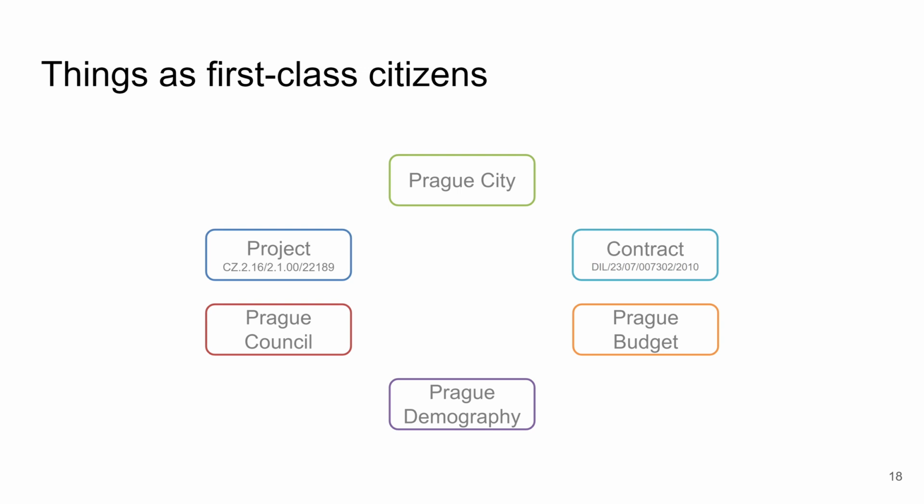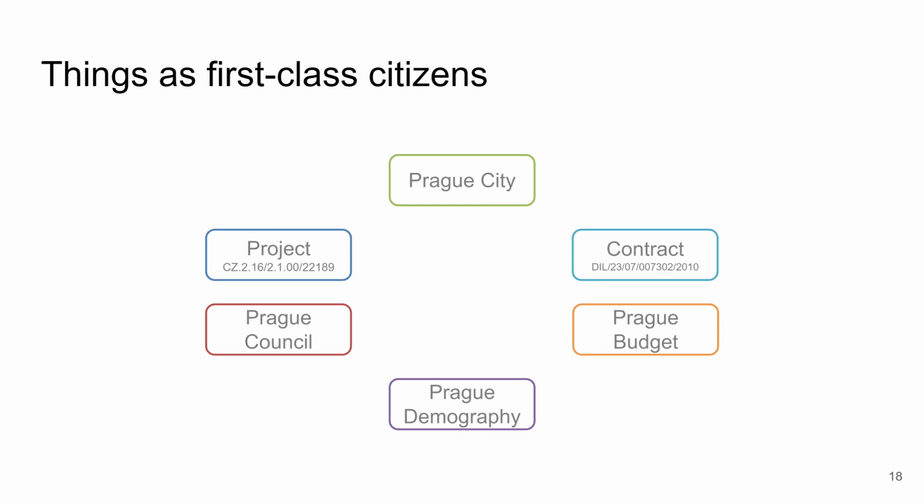Okay, so let's take a look at what it means to follow the first two principles of linked data. So here we have again data about Prague. And in the data about Prague, there are data entities like the Prague city, some EU-funded project, or the Prague Council. There is data about Prague demography, there is Prague public contracts, and so on.